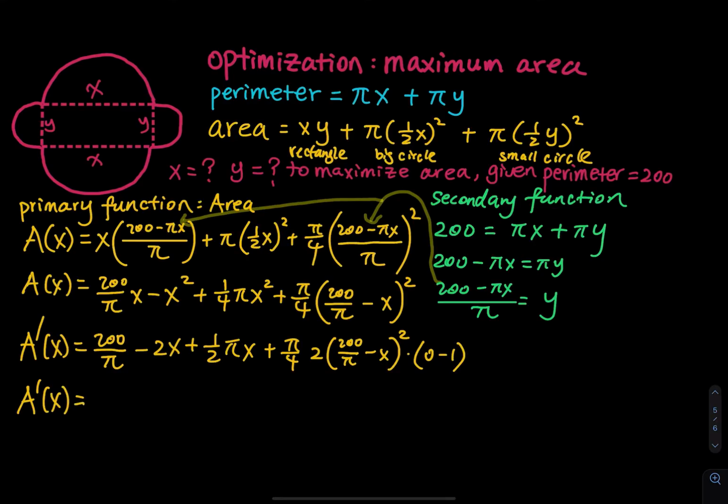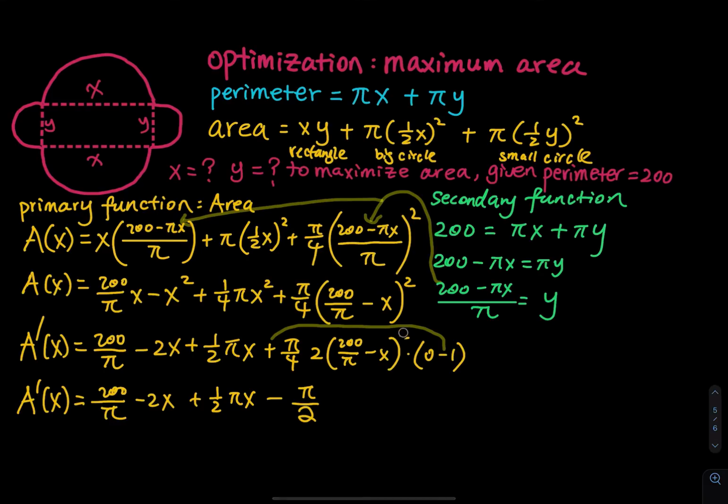So we have A prime of x, 200 divided by pi minus 2x and then plus 1/2 pi x. And then this one, the 2 and the pi. So first of all, I can bring a minus up. So that becomes minus pi over 2. Oh, why do I still have a 2 up there?